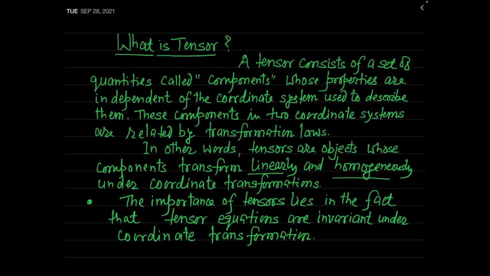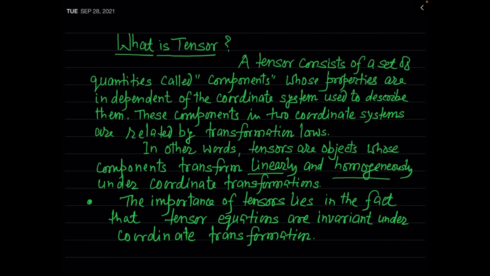So whenever our aim is to prove the invariance or covariance of a physical law under transformation of frame, first of all, we express the particular law in tensorial form, and then we prove its invariance under frame transformation. Why? Because it becomes convenient in the tensorial form. The invariance of the law under the frame transformation becomes very easy to explain. So this is the importance of tensor analysis.